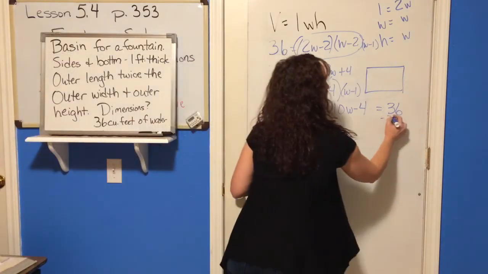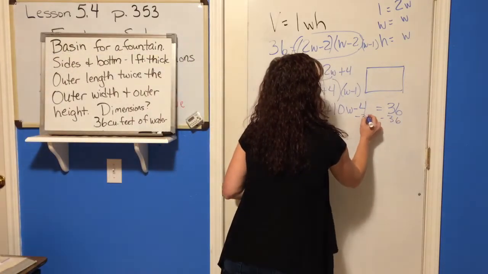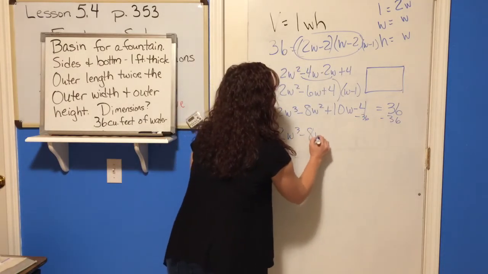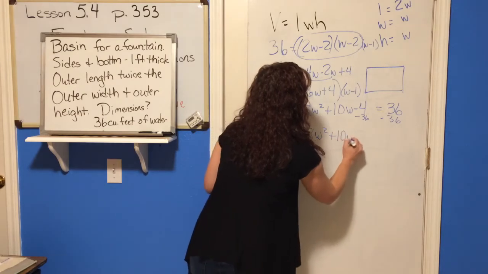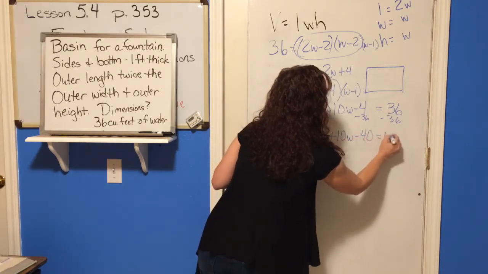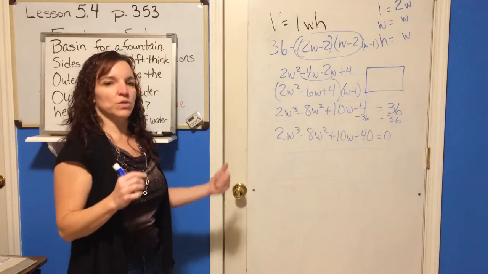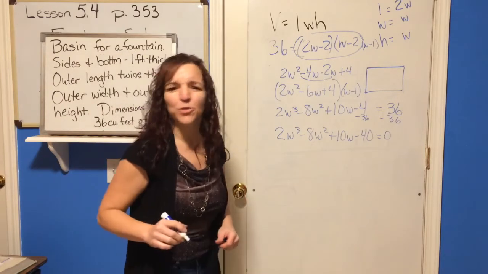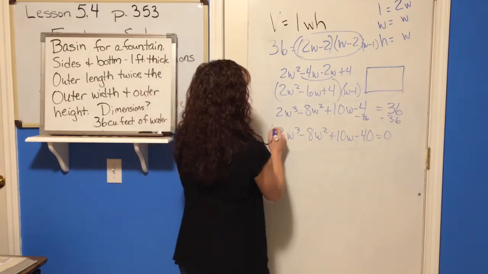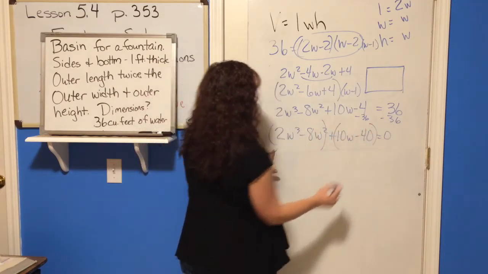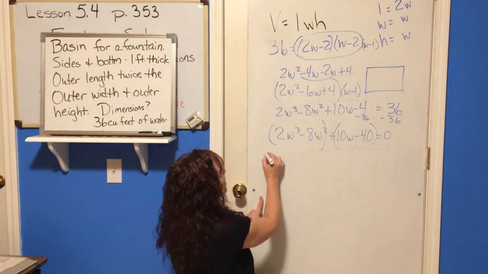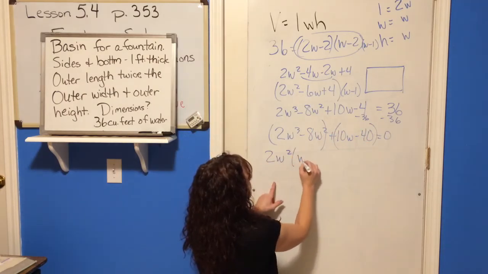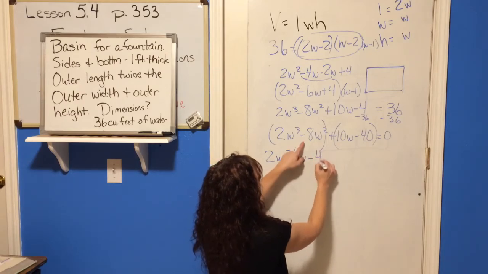And then when you subtract 36 from both sides, now you've got 2w cubed minus 8w squared plus 10w minus 40 equals 0, because you have to set it equal to 0 in order to factor. And in this case, I like grouping. You've got 4 terms, so group them. So you've got 2w squared times a w minus 4.